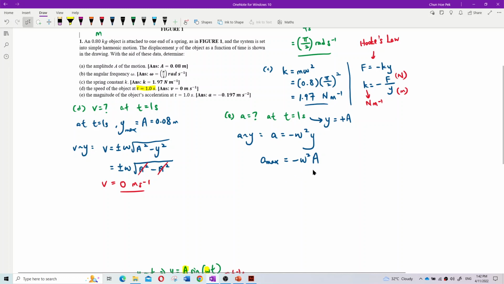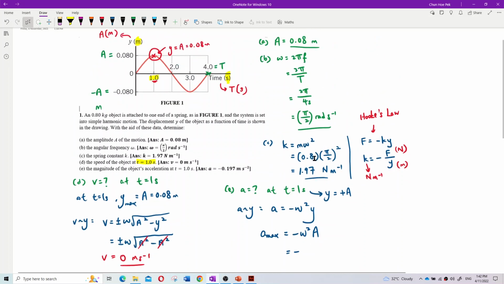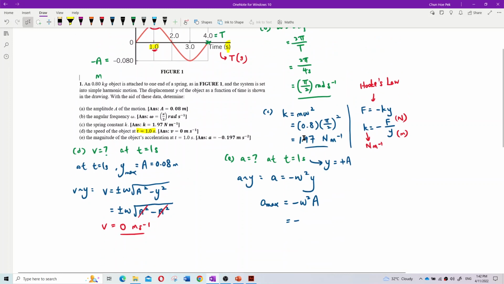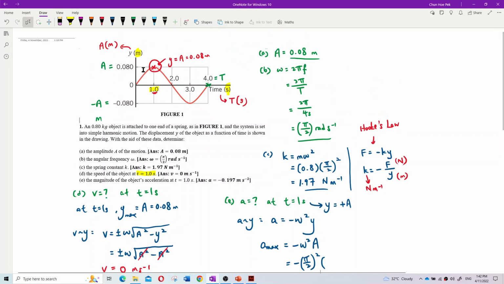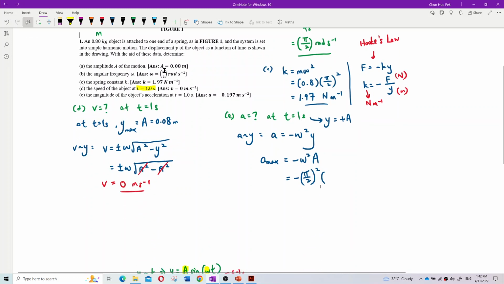Let's calculate the value first. What's the omega value again? Just now I got pi over 2. So negative pi over 2 square. What's the amplitude A? 0.08 meter. So what's the answer? I calculated it: negative 0.197 meter per second square.